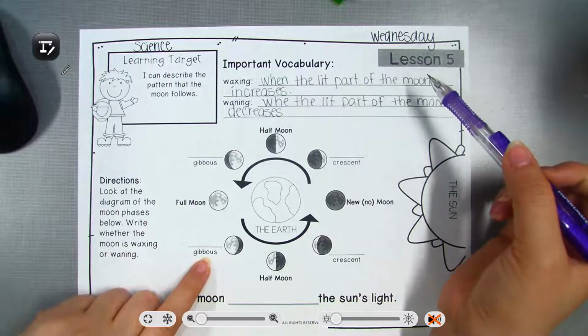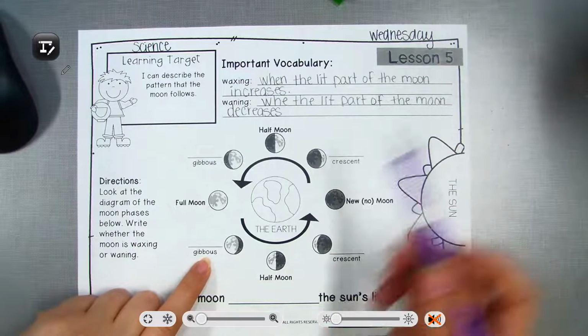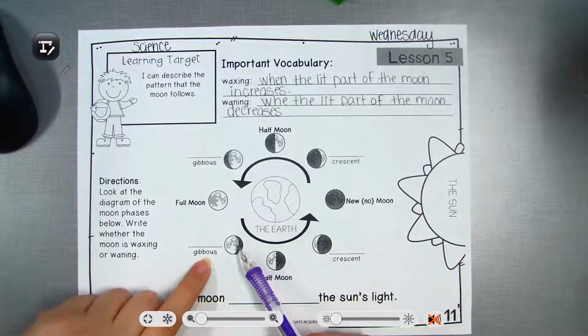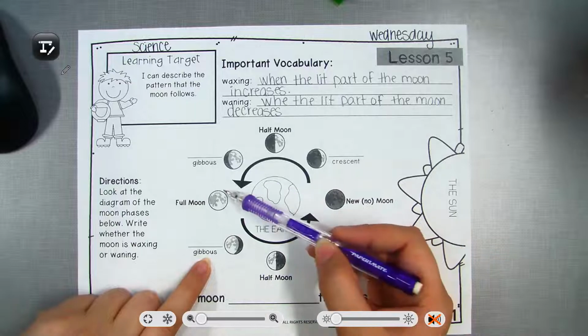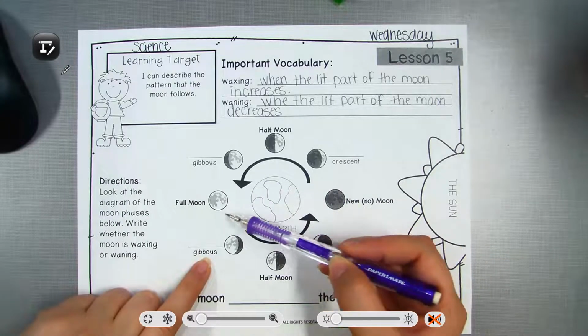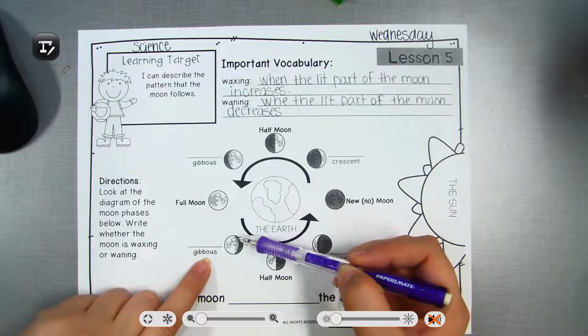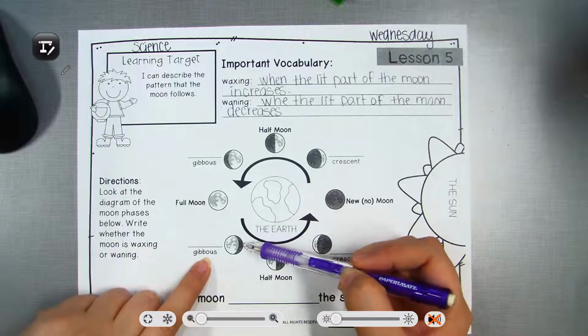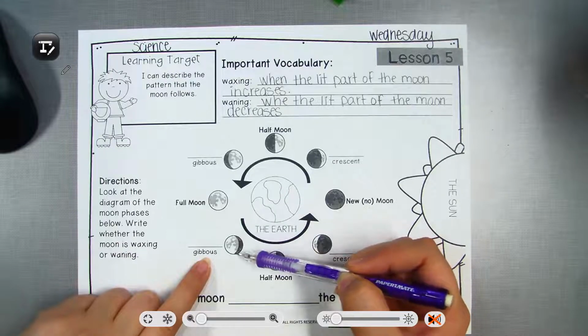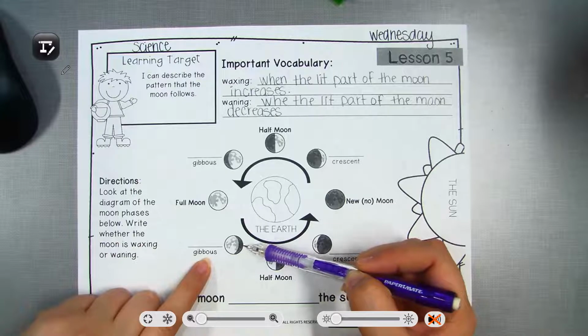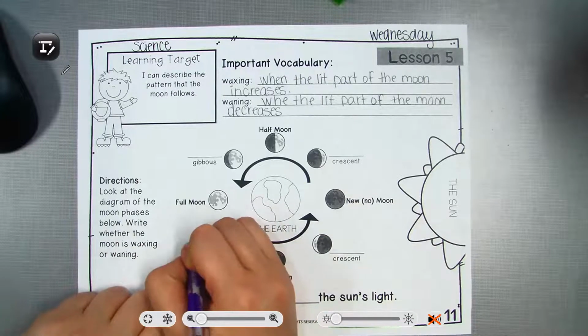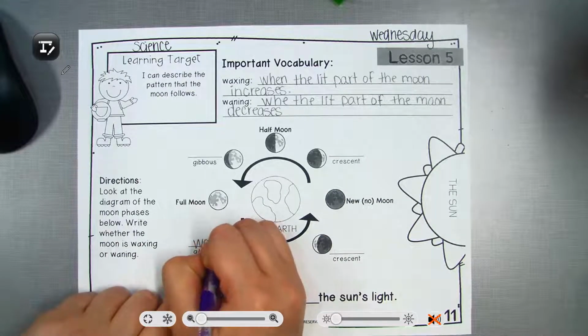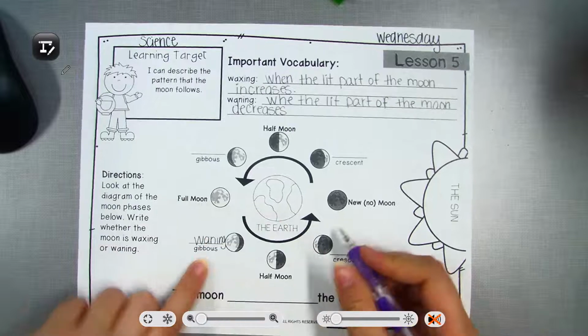Okay. So if you notice, we went from it being lit all the way to a little bit of it starting, the light is starting to decrease. So this would be waning. Okay. Then we go to the half moon.